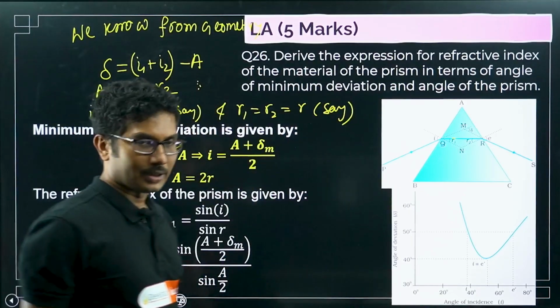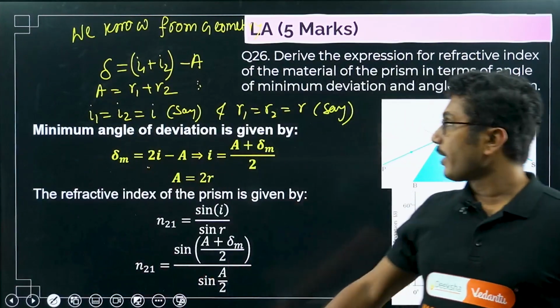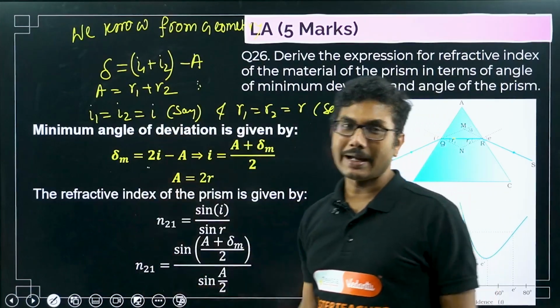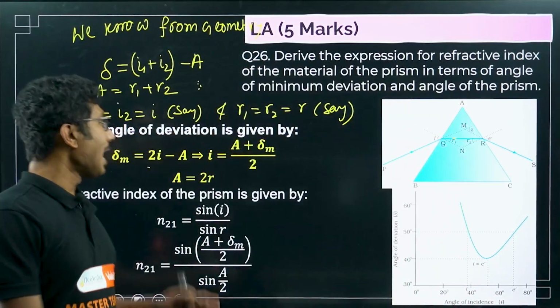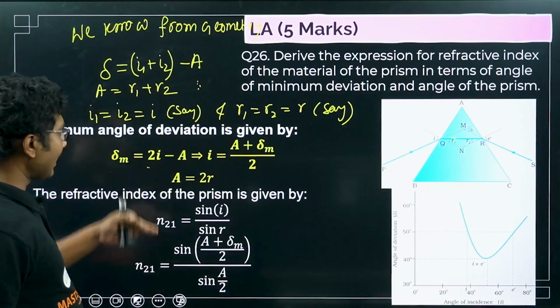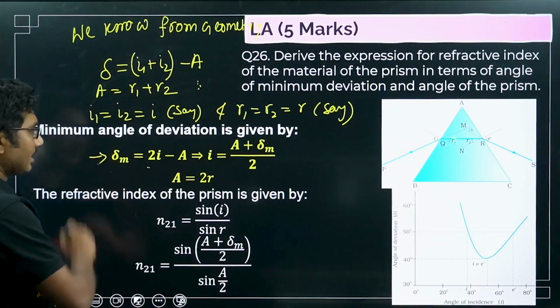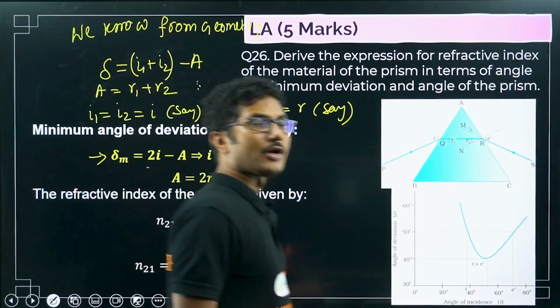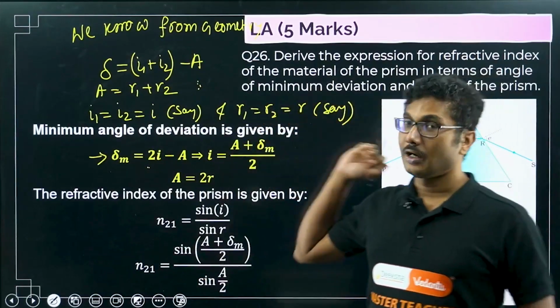Basically you are assuming. Okay, so angle of minimum deviation happens only when i1 is equals to i2. Okay, from there onwards you can write this. Okay, so this is the derivation that you have to do for this question.